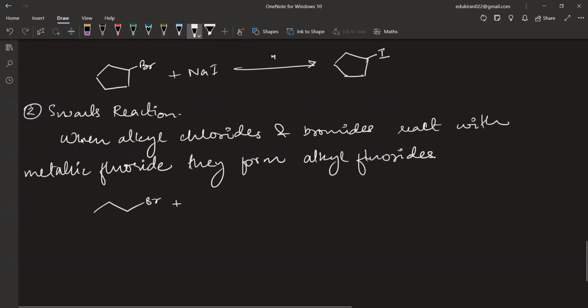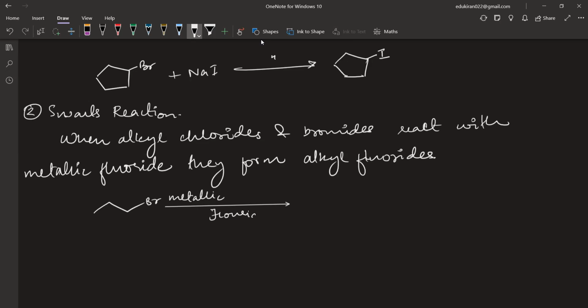Okay, so the metallic fluoride, we give an arrow like this. What is going to happen?